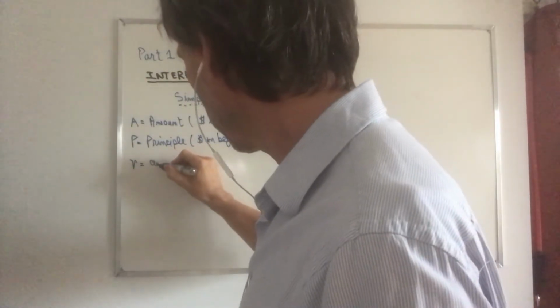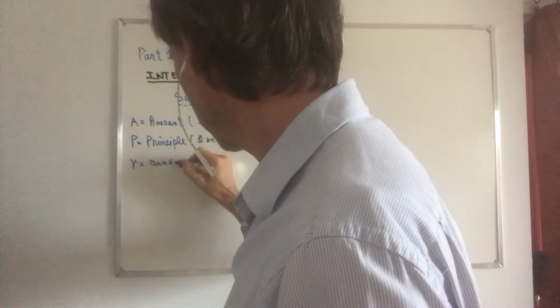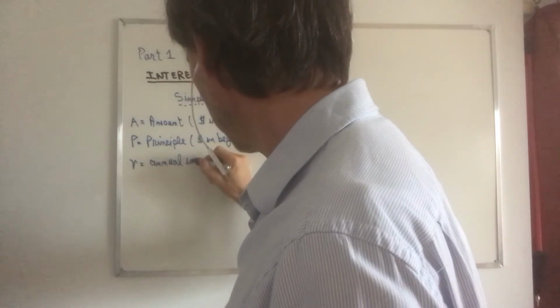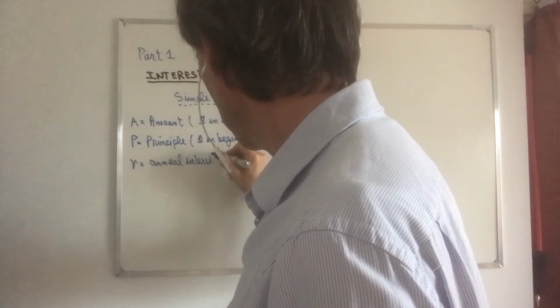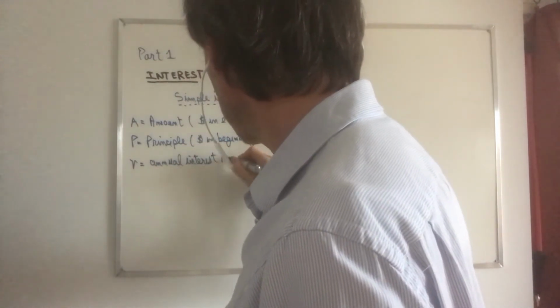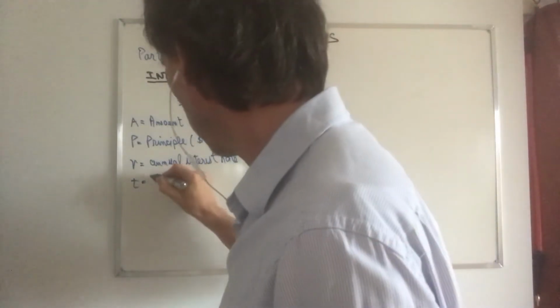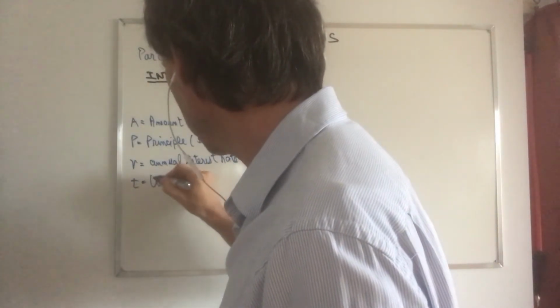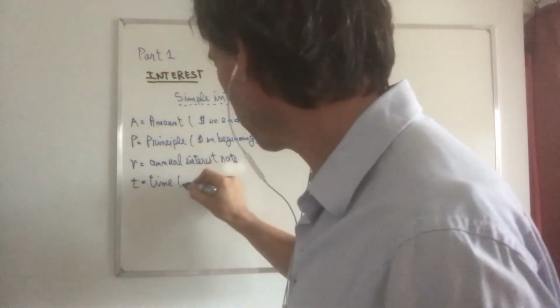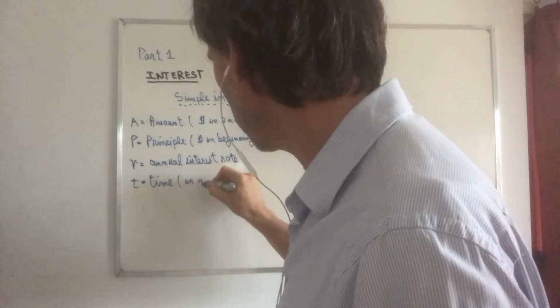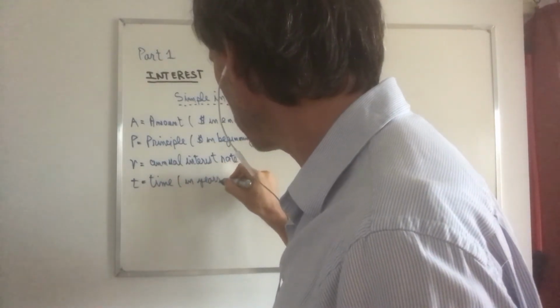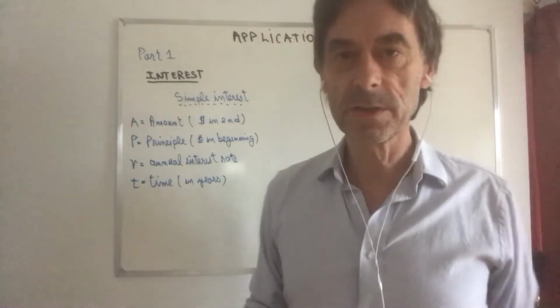You invest money at an annual interest rate. R for rate. Annual interest rate. You leave the money in the bank for a certain amount of time. T, always in years. Always. T is always measured in terms of years.